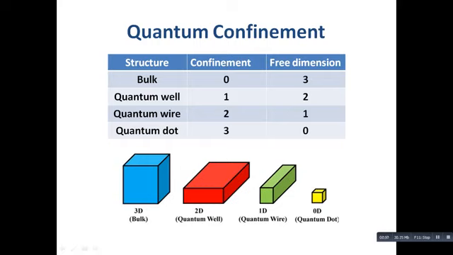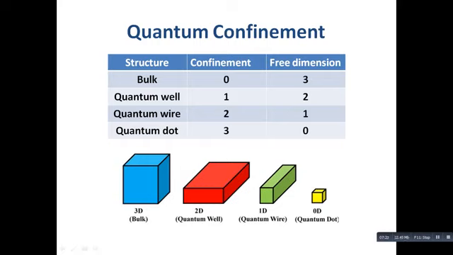Now another type of confinement can be found in this structure called quantum dots. This yellow structure is called a quantum dot. They are called zero dimensional structures. Zero dimensional means they have zero free dimension. That means the charge carrier is not allowed to move along any direction.